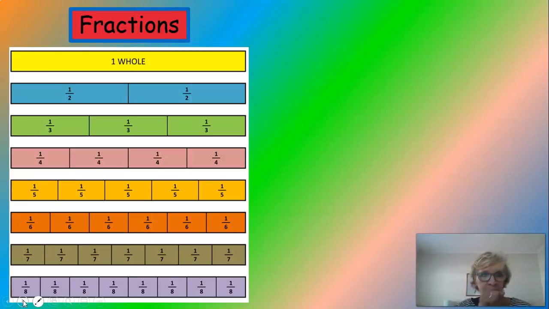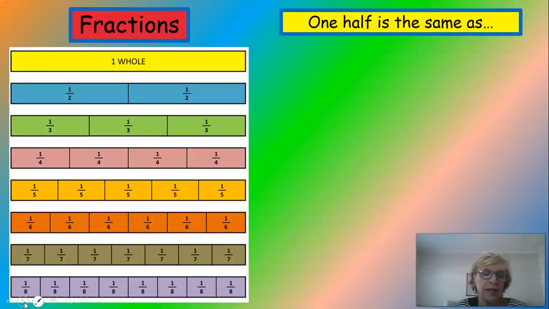There I'm showing 1 whole, 2 halves, 3 thirds, 4 quarters, right? So 1 whole is the same as 2 halves, 3 thirds, 4 quarters, 5 fifths, 6 sixths, 7 sevenths, and 8 eighths.